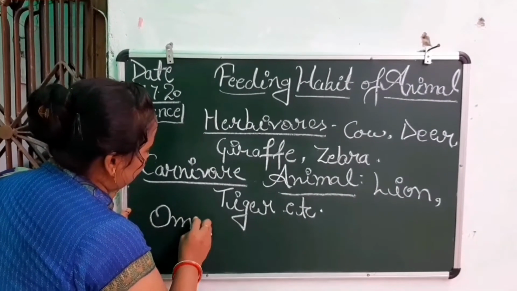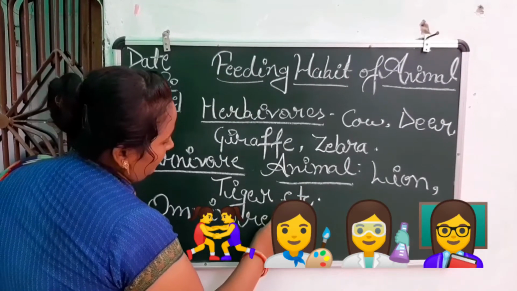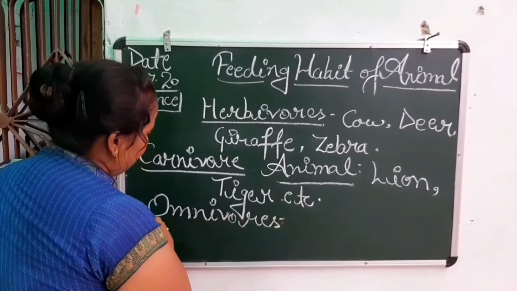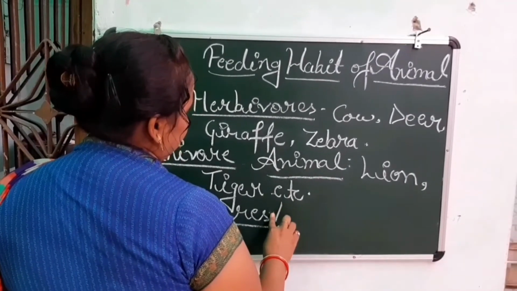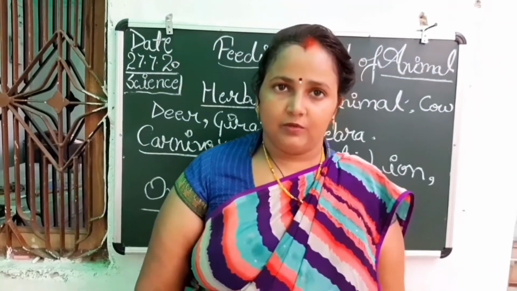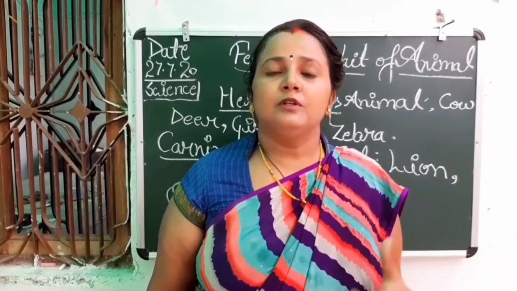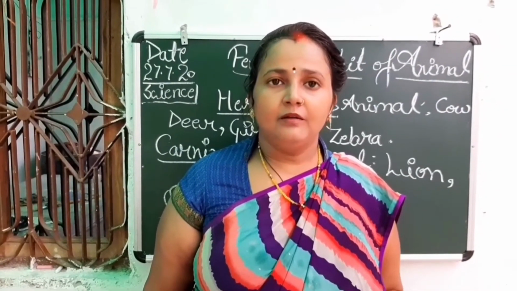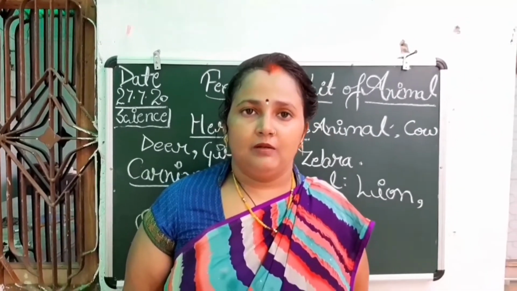Then the third one is the omnivores. Who are called the omnivores? So, some animals depend for their food on the plant as well as on the flesh of other animals, right?